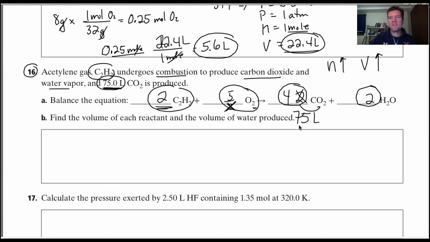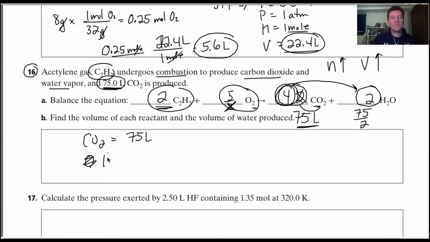So if I have 75 liters of carbon dioxide, and that's with 4 moles, then notice the ratio here, 4 to 2. I have half as much water. Half as many moles of water at the same temperature is going to have half the volume. So this is going to be 75 divided by 2. So carbon dioxide has a volume of 75 liters.